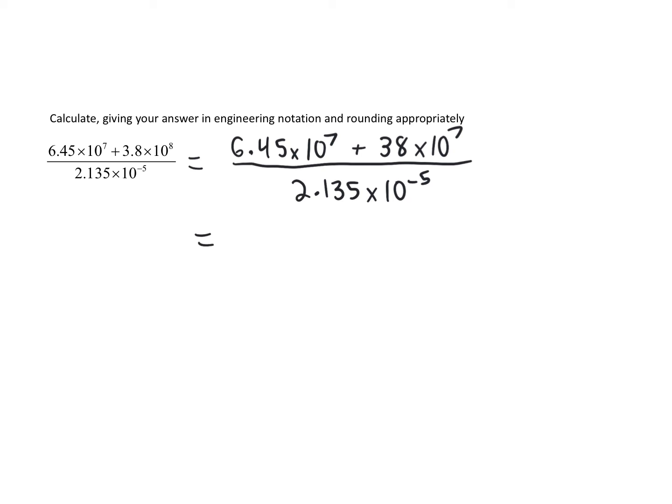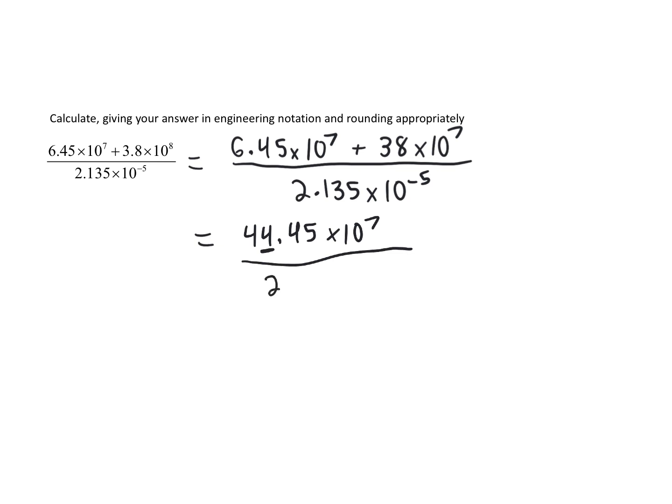So that now we can add the numbers in the numerator, giving us 44.45 times 10 to the 7, but looking at the precision, it should have been rounded to 44.